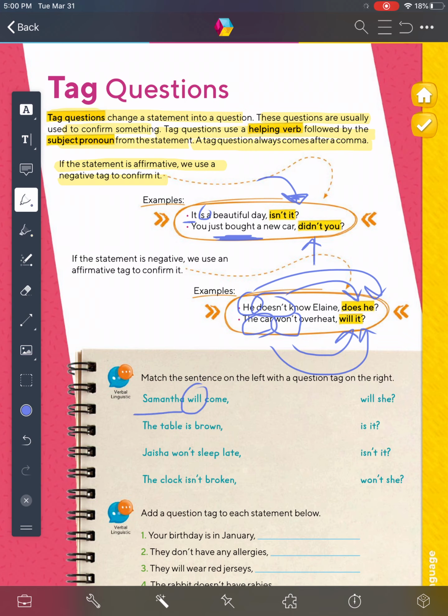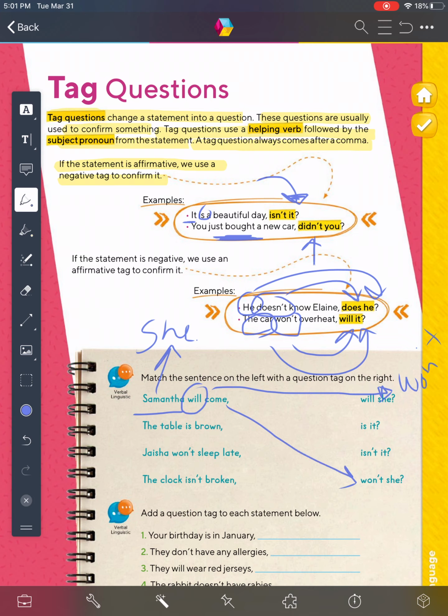To write a question tag, we need to use the opposite form. So if I have will in the original statement, I need the negative form, which is won't. And Samantha's subject pronoun will be she. So do I have an option that says won't she? Yes, I do. It is this one.